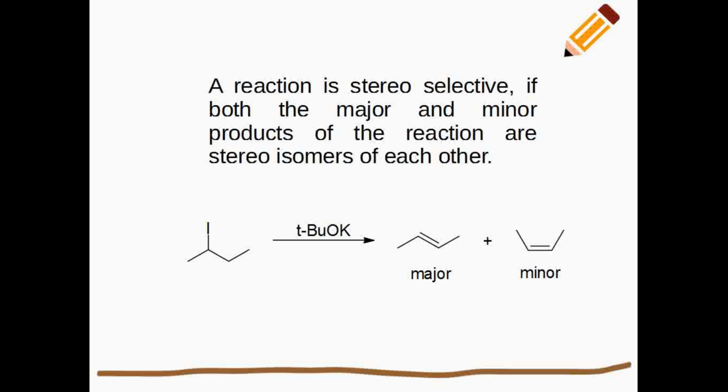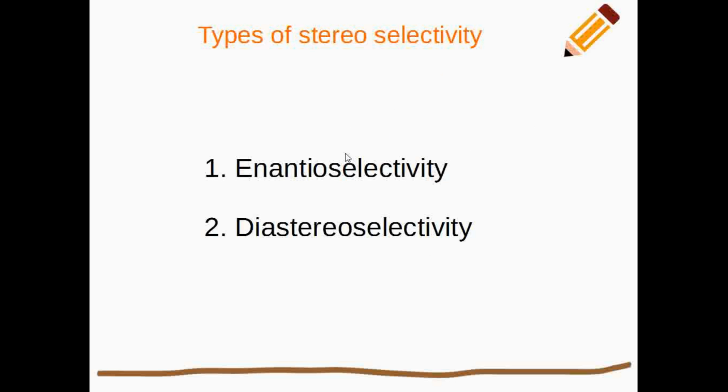As we can see, both the major one and the minor one are stereoisomers of each other, so we can say the reaction is stereoselective to form one of the products. Then the types of stereoselectivity: there are two types, enantioselectivity and diastereoselectivity.